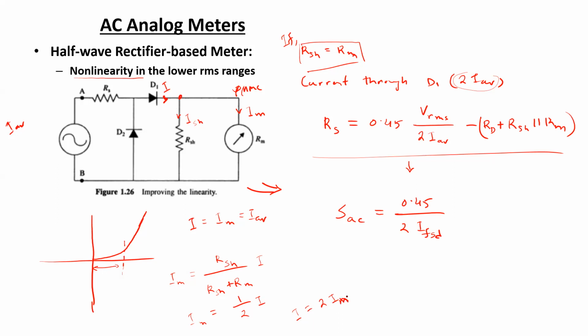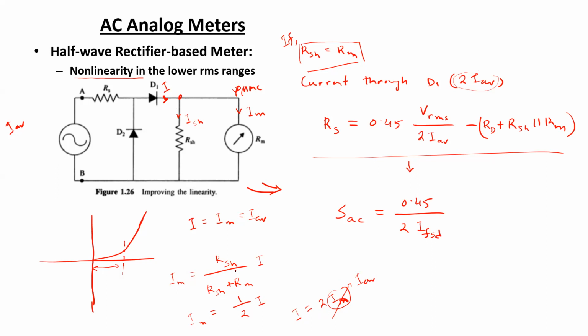So for rectifier based meters, we are actually indicating IM in terms of IAV, or average current, and that is being provided by the supply. So in that case, when both the resistances RSH and RM are equal, the value of the current is getting doubled.